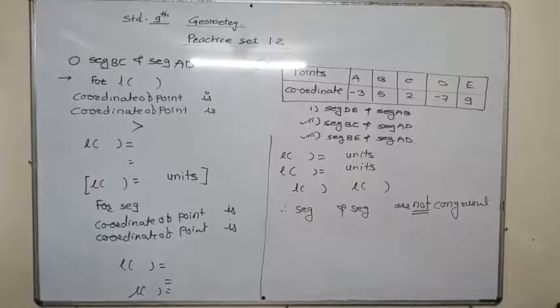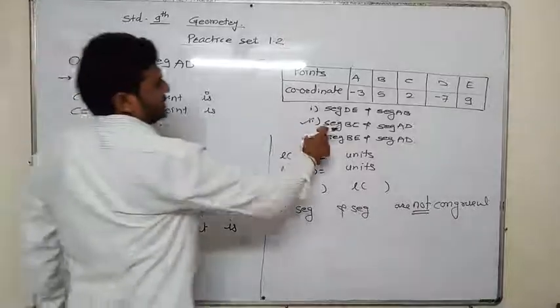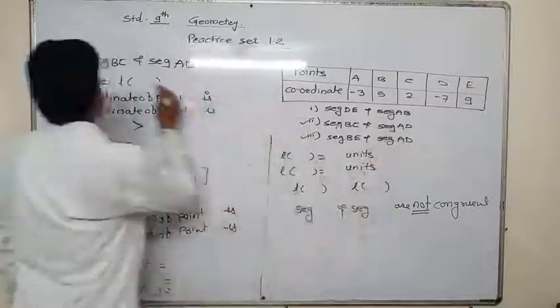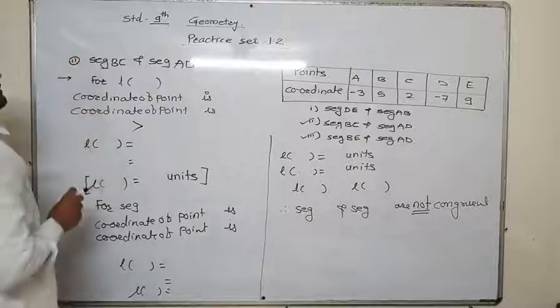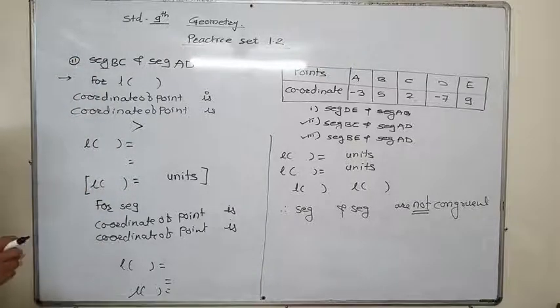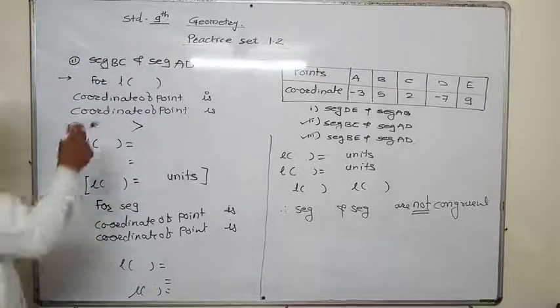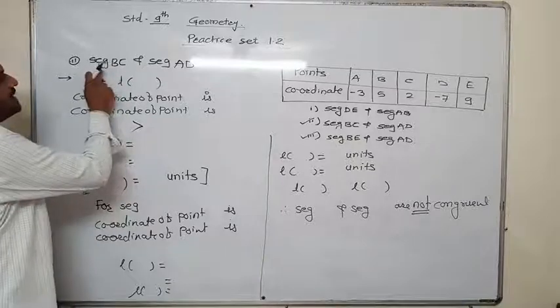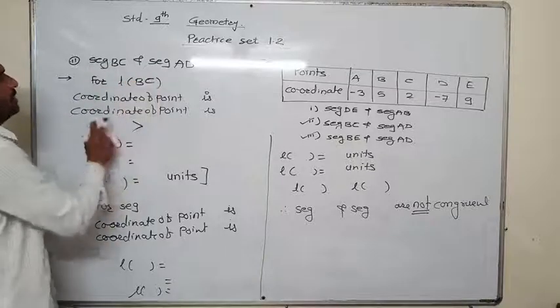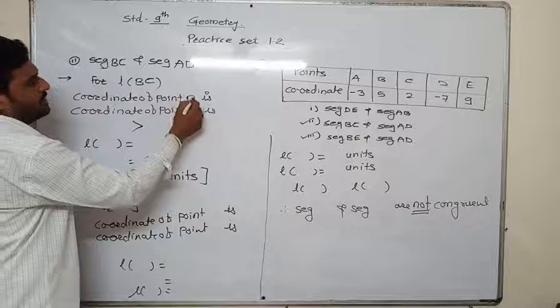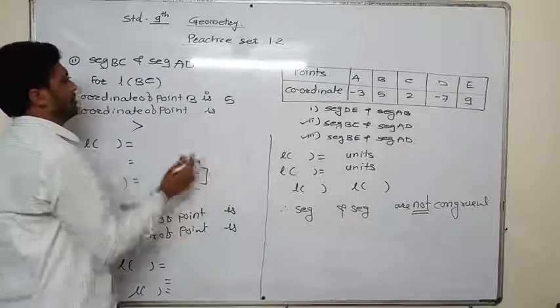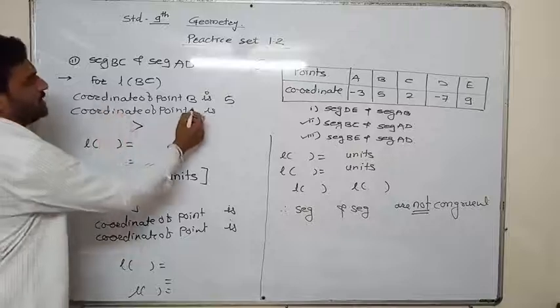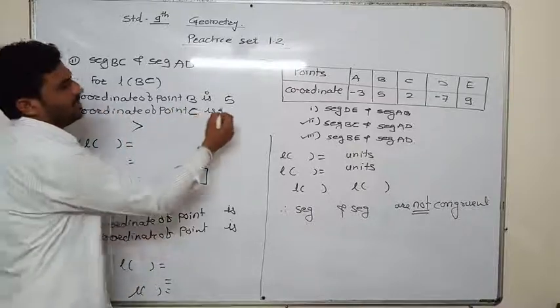देखो next question, segment BC and segment AD are congruent or not, we show it. Okay, so here for segment BC, the coordinate of point B is 5. After that, the coordinate of point C is 2.